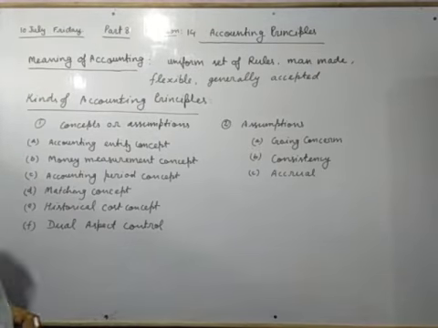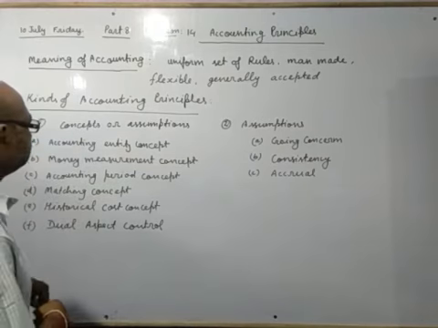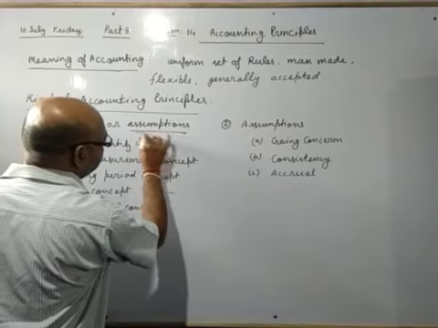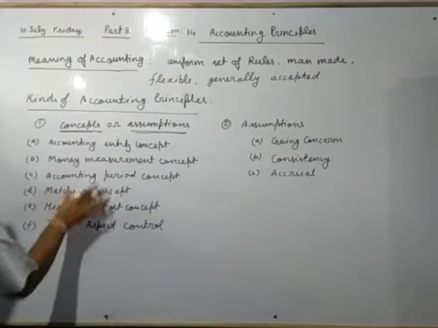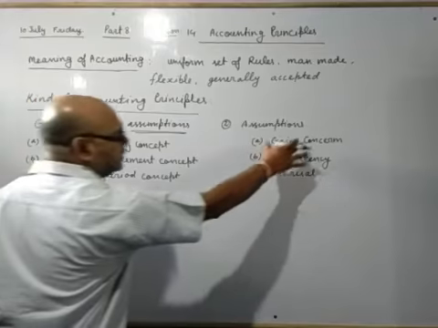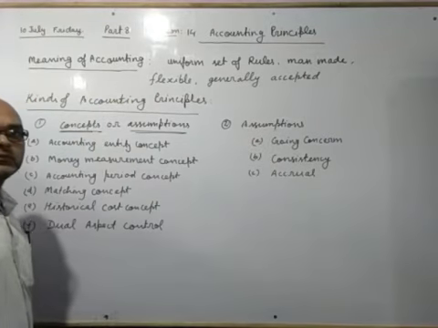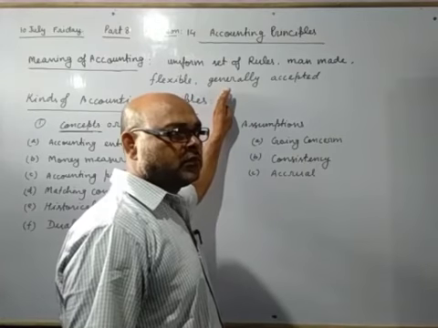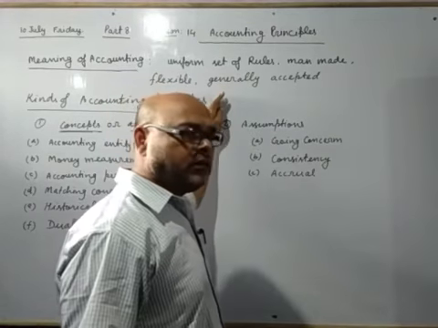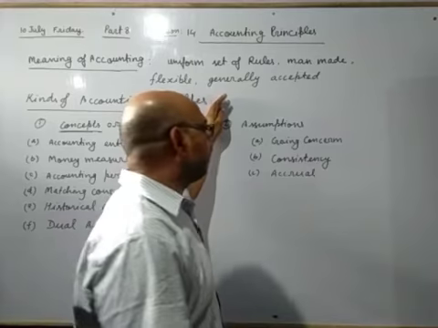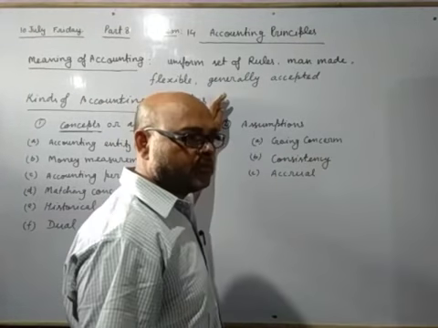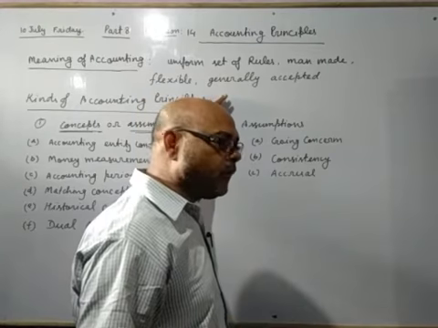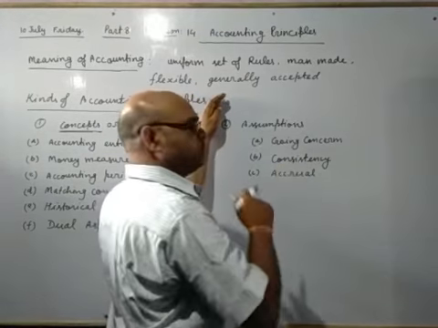There are some concepts and there are some assumptions. This is the concept and this is the assumption. Assumption means the accountant will not mention whether he has followed this or not. It will always be considered that every business firm has followed these.